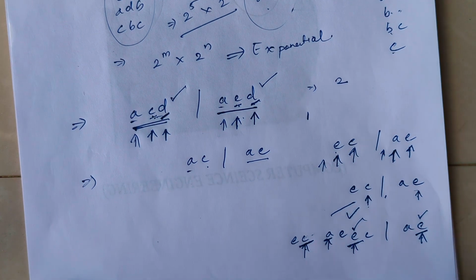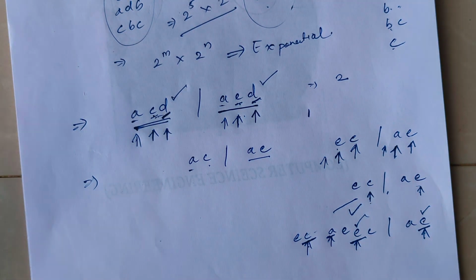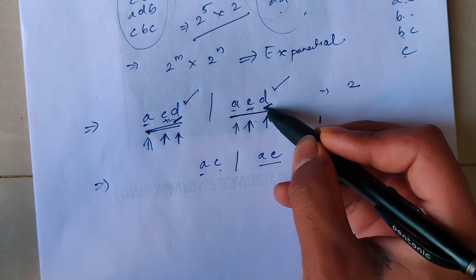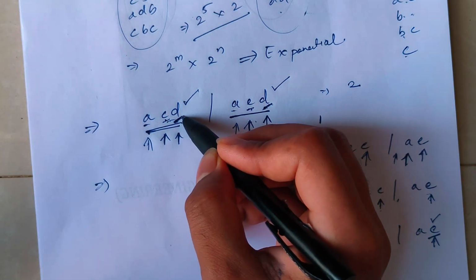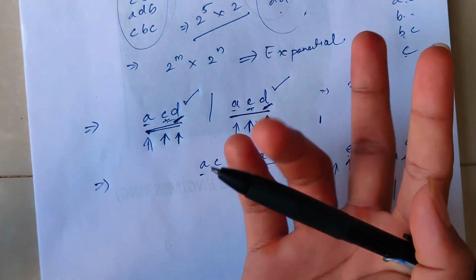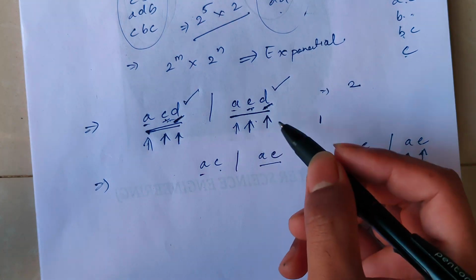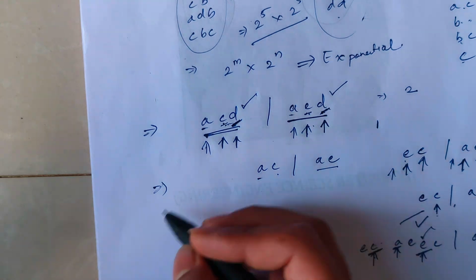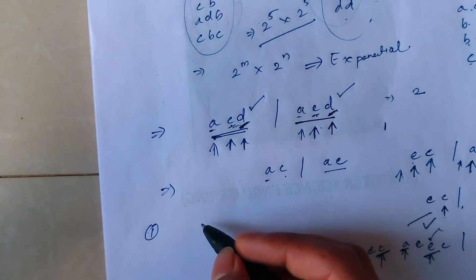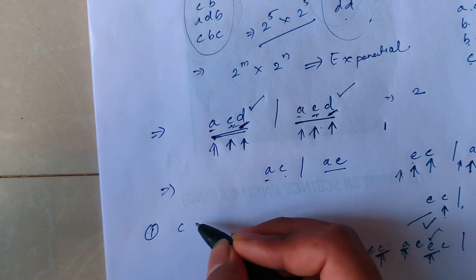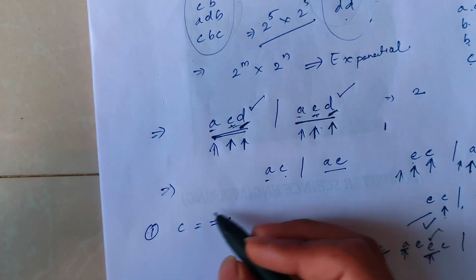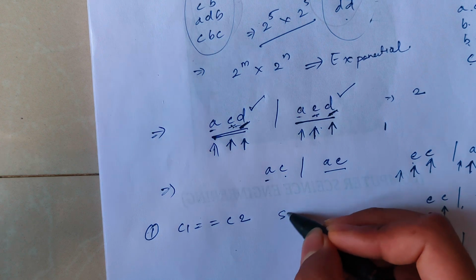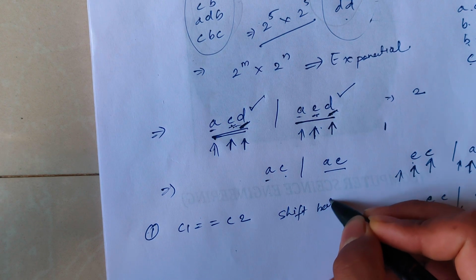It's okay. So in the case where we found the characters are the same, we can shift both the pointers. Let's write it first. What is the first case? Character is equal to the other character, C1 equal to C2. In this case, shift both pointers.